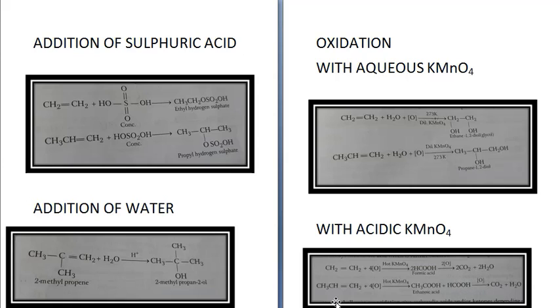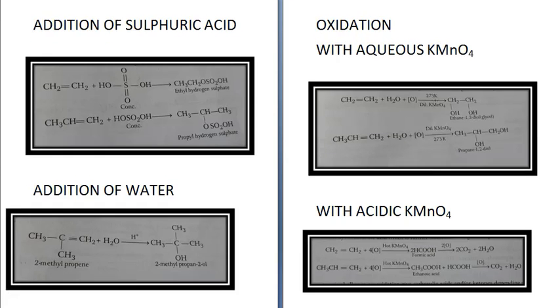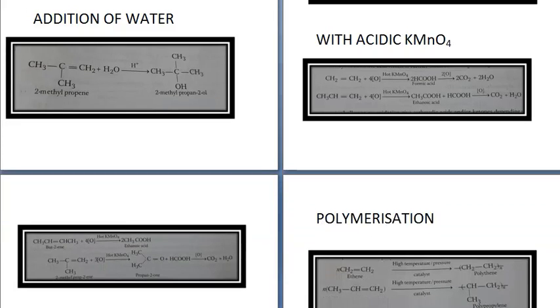Similarly, propene CH3CH=CH2 plus 4O in the presence of hot KMnO4 gives you CH3COOH plus HCOOH, which again undergoes oxidation to give you CO2 plus H2O. So this is for those alkenes which have a terminal double bond.